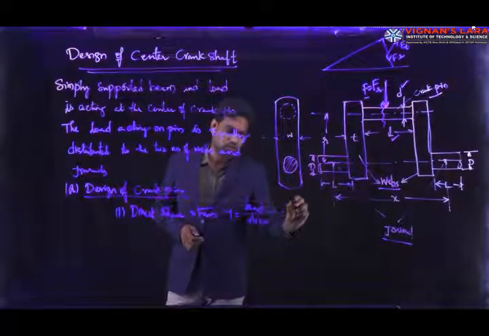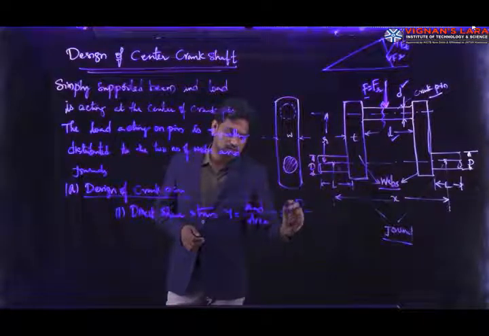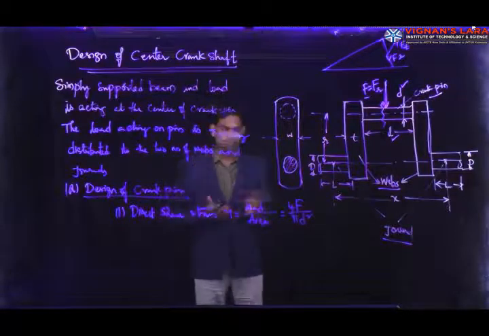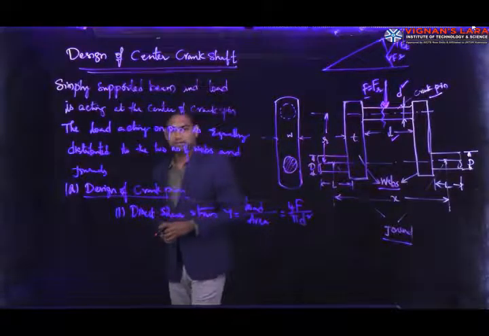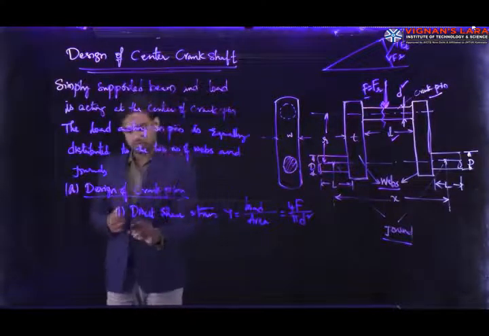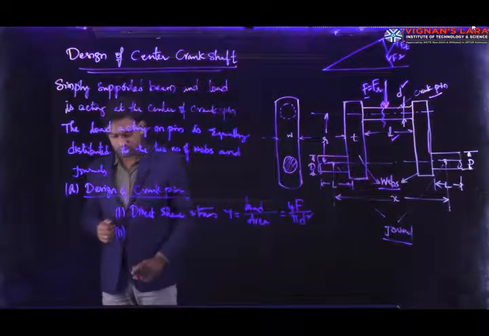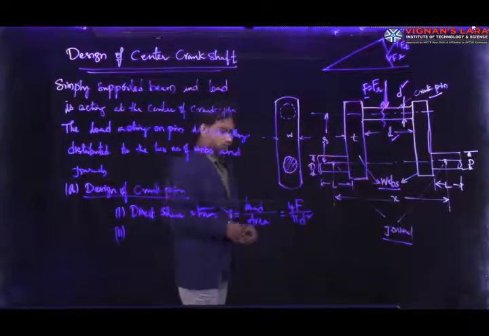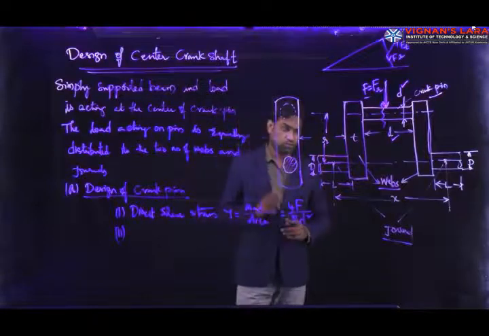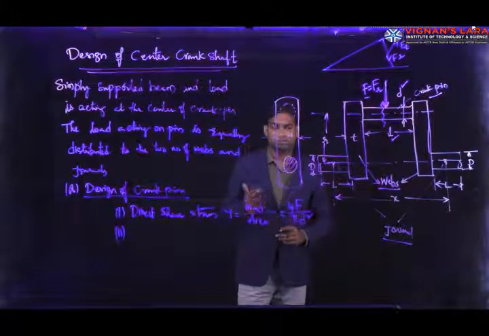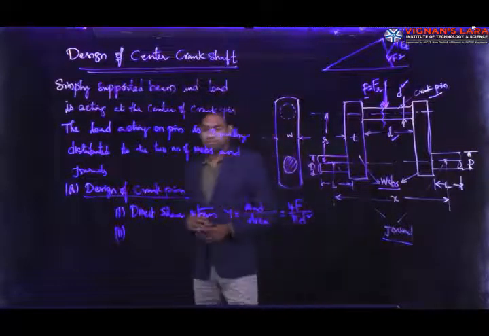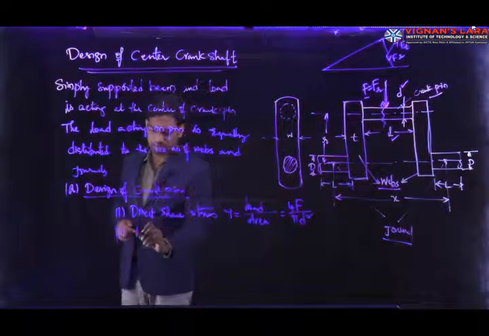Here the load acting is F and the area is pi by 4 d square. This is the same equation that we wrote in the previous case. So there is much similarity in the design. If you are aware of the side crank, the center crank is very much easier. And the next stress is the bending stress.